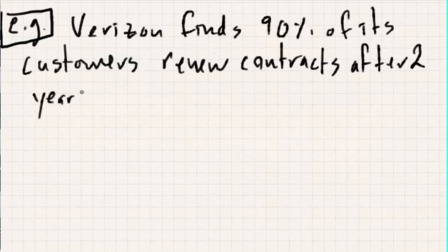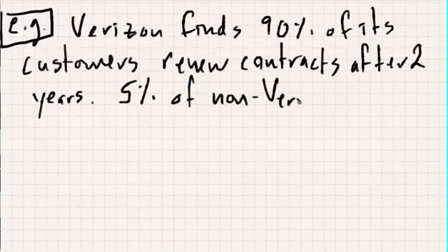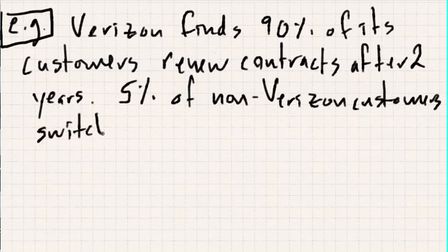That means that the other 10% don't, and since everybody has a cell phone, the other 10% go to some competitor. They also find that 5% of non-Verizon customers switch to Verizon after their contracts are up with whatever company they are with.